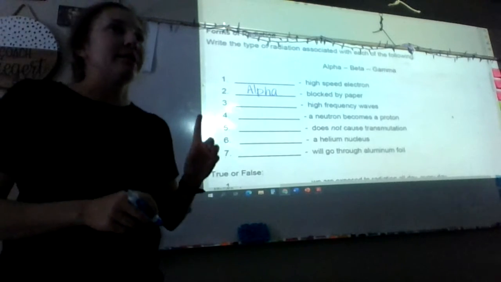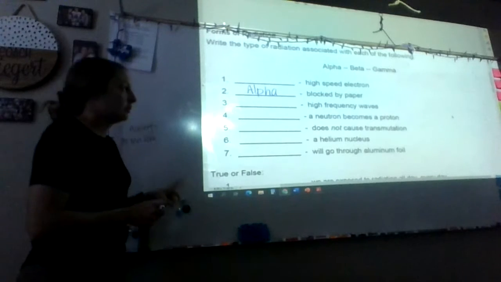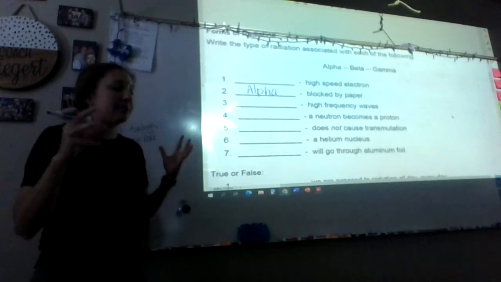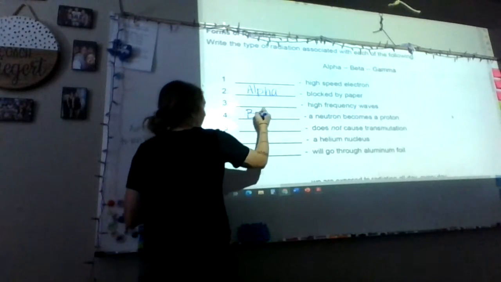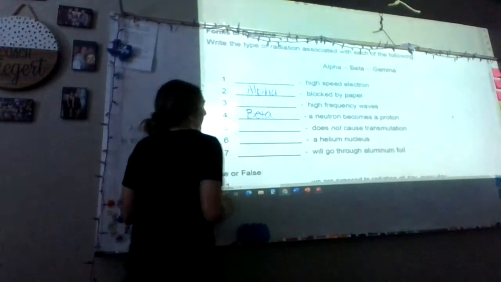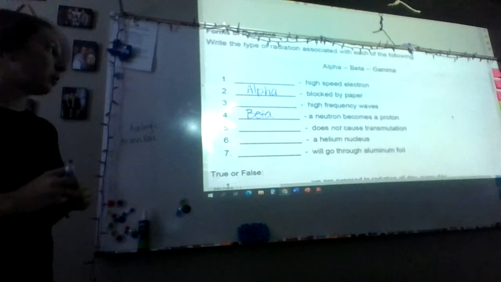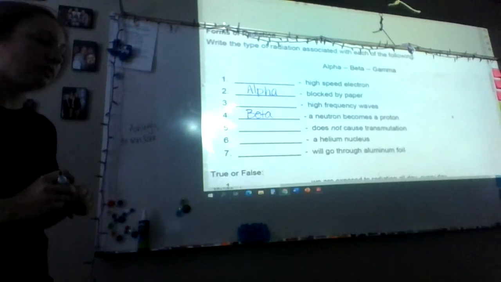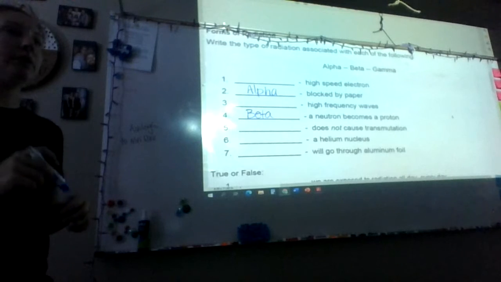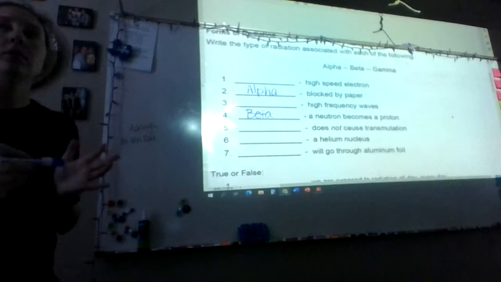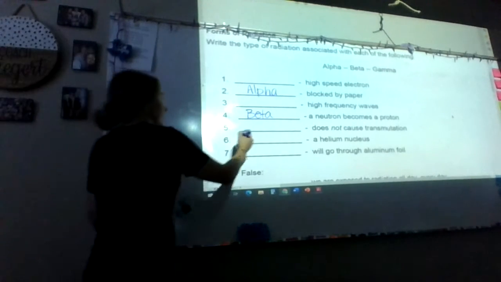We have not talked about this, which is why I wanted to do it. Does anybody want to take a stab at this one? Beta. It is beta. So number 4 is beta, where a neutron becomes a proton. And then let's do number 6, a helium nucleus. Which one looked like helium? Alpha.